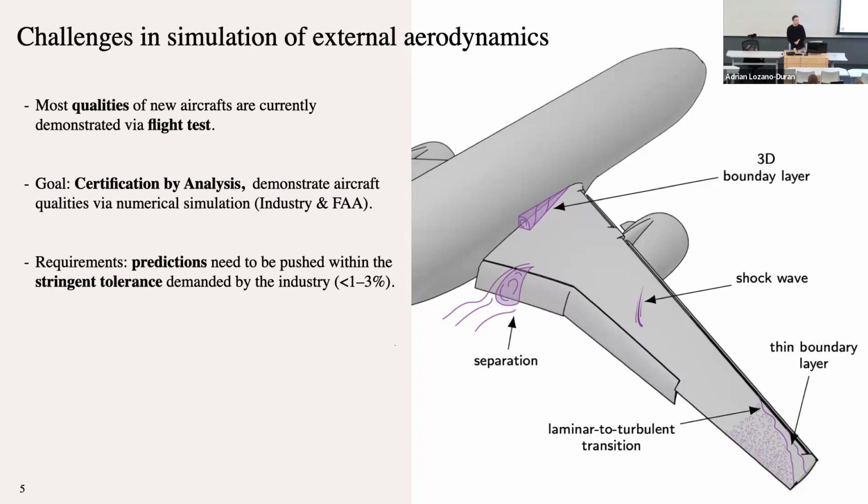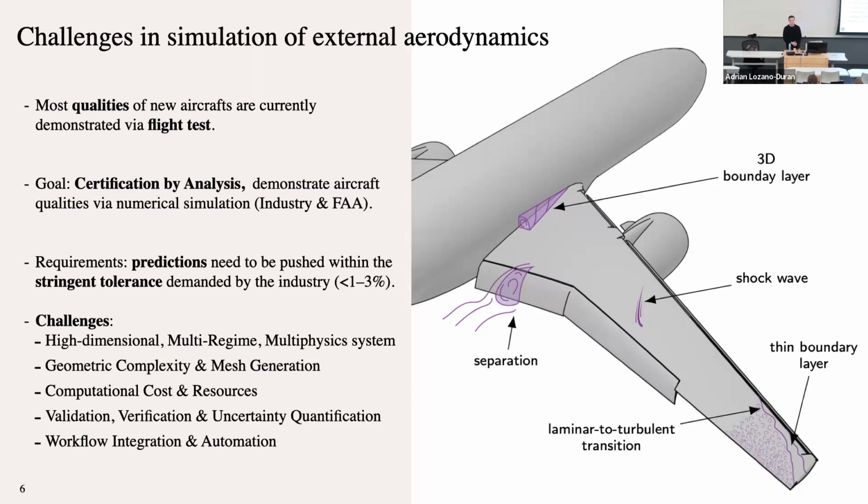But what many people in industry, in aerospace, would like is to move in the direction of certification by analysis, which in this context means we have a simulation. These are very high fidelity simulations. This is still an expensive simulation. But the idea is that it's very accurate. It will give us the answer with very low error. So those predictions need to be very good. I'm quoting here some numbers like 1 or 3%. It really depends on the quantity, but just to get an idea.